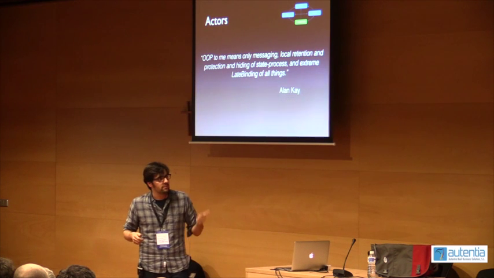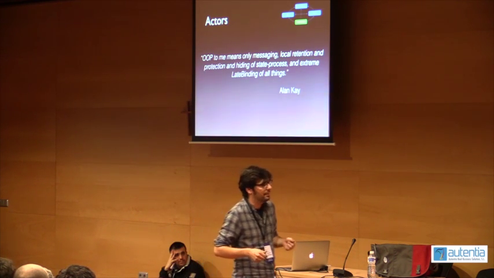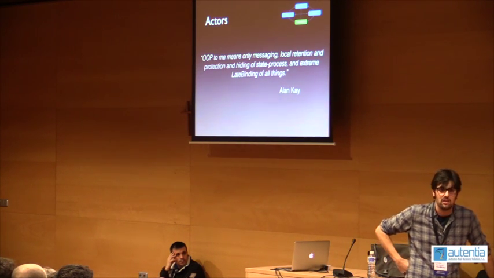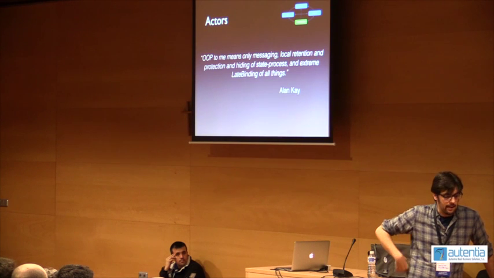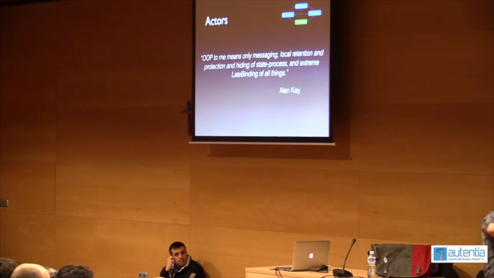And I'd like to finish with this quote by Alan Kay when he was talking about object-oriented programming. Because when I was at university, I learned about object-oriented programming, about objects being like these kind of boxes with a state inside that were communicating through messages. I remember when I started learning object-oriented programming as in Java, as in C++, and saying, well, this is method calling, it doesn't look like what they are telling me.